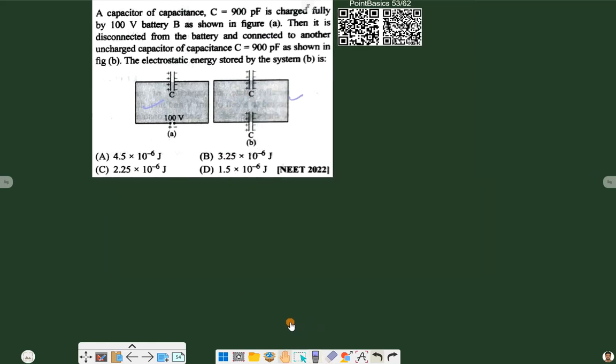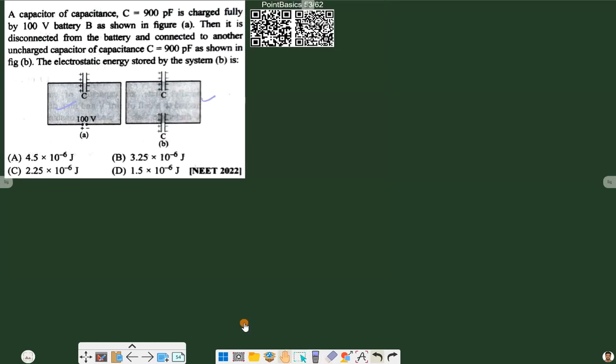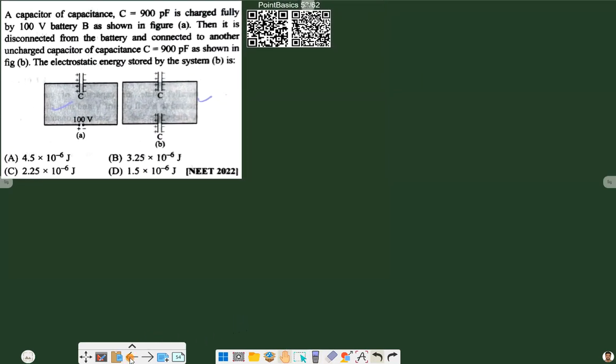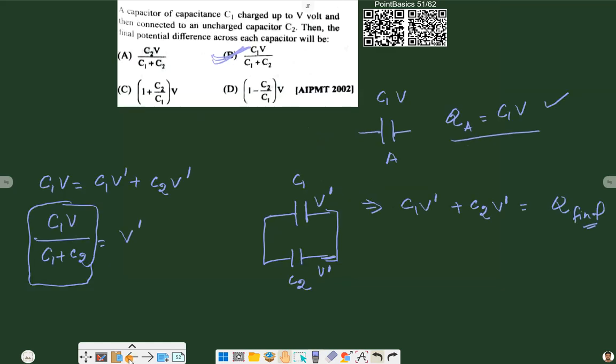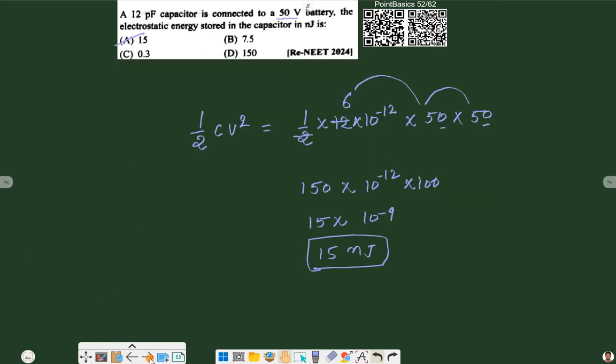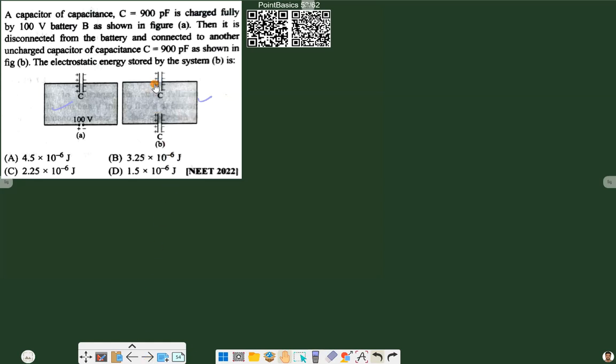And we have done a similar question where we found out the final potential, and this can be done in the similar way. This question can also be done in a similar way, that we can say that initial charge is equal to final charge of the system.